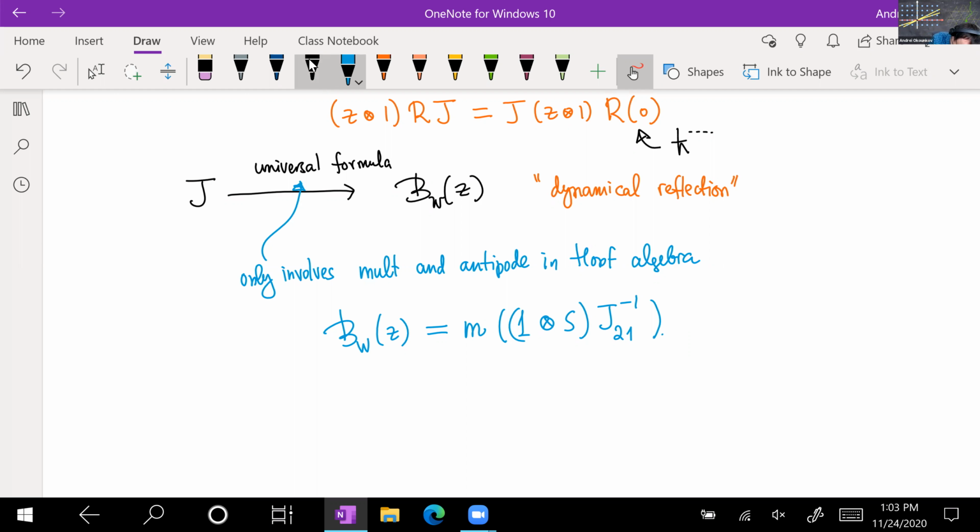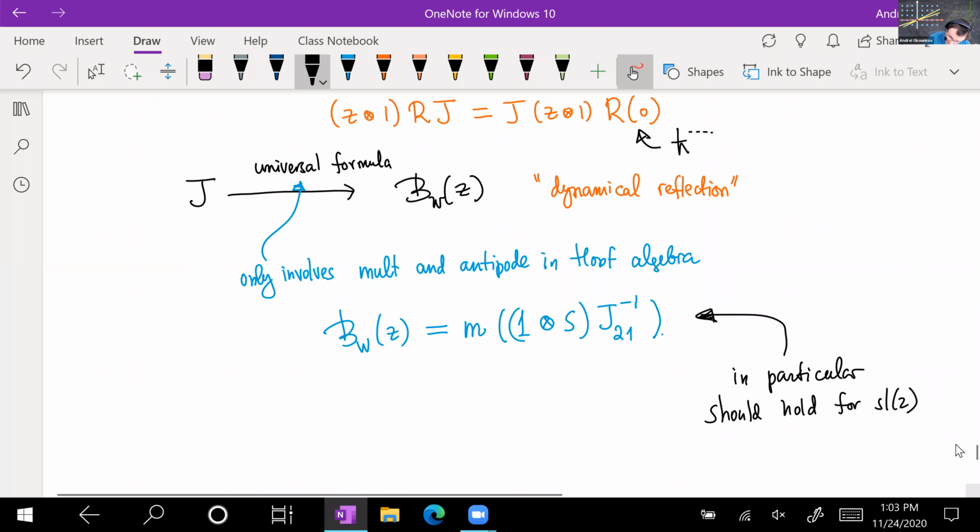But the way to check it is this: since this is universal, it in particular should hold for SL2.